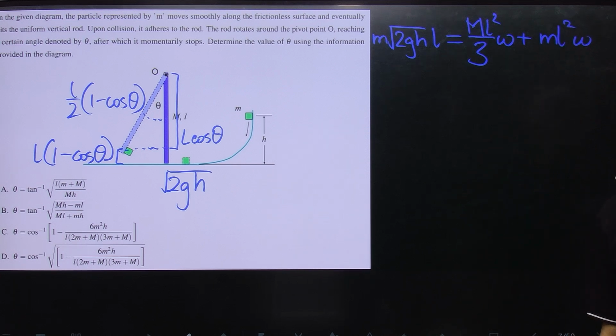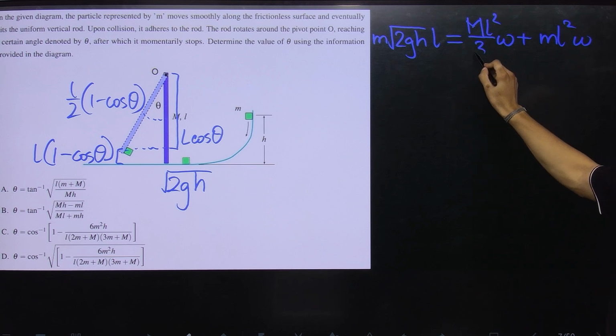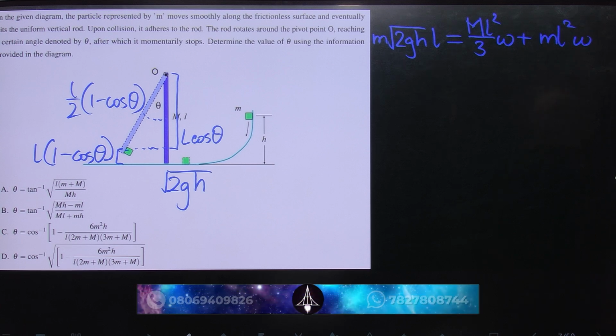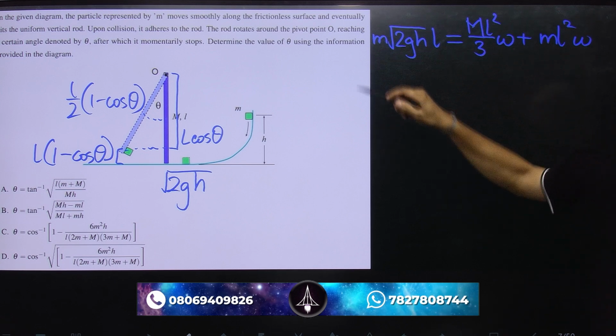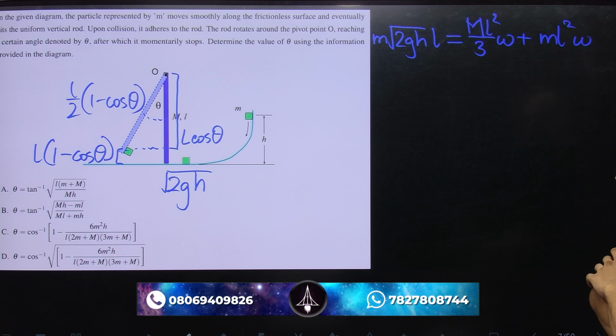So omega is the final rotational velocity of the rod as well as the block about the axis O. Now, in order to make the denominator constant here also, we can multiply 3 with m and send it to the LHS as well.